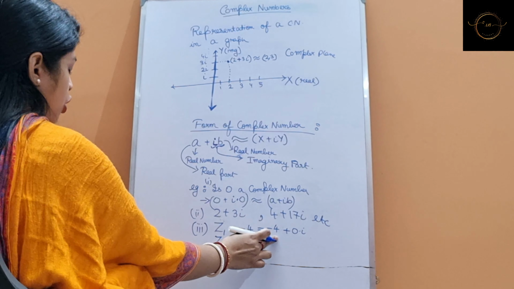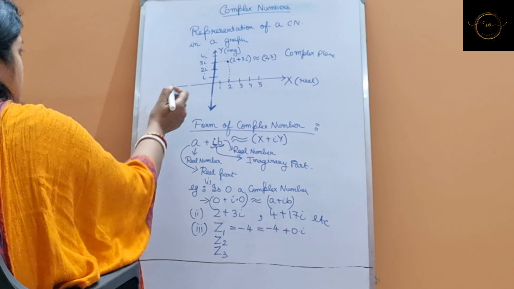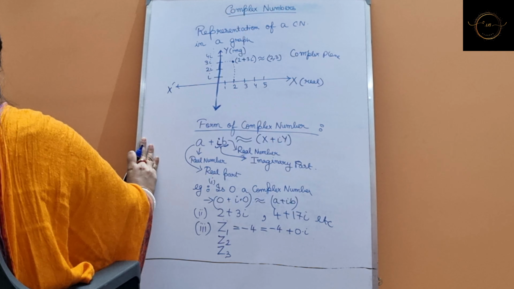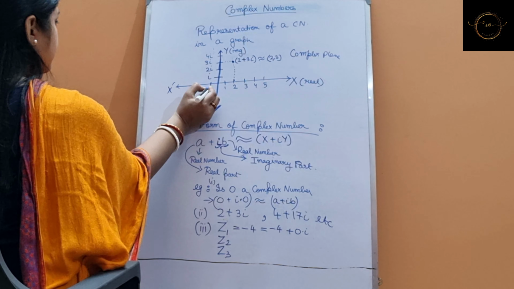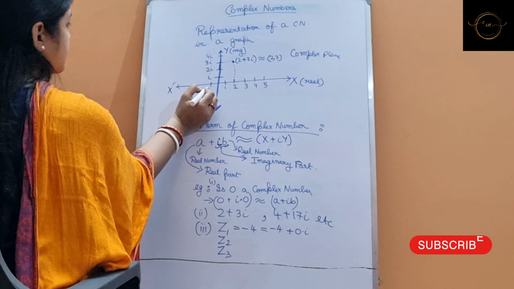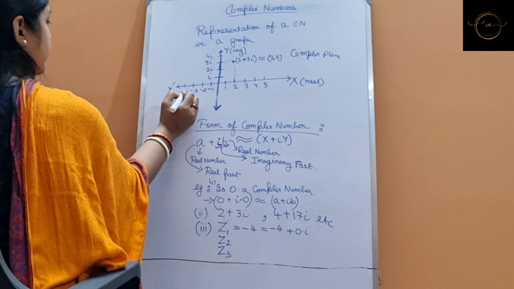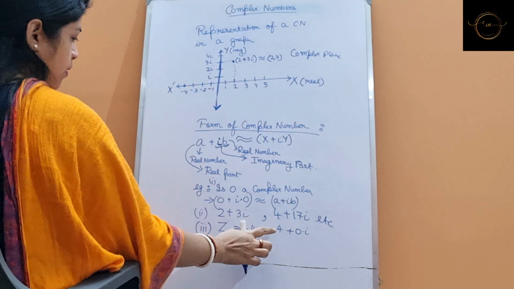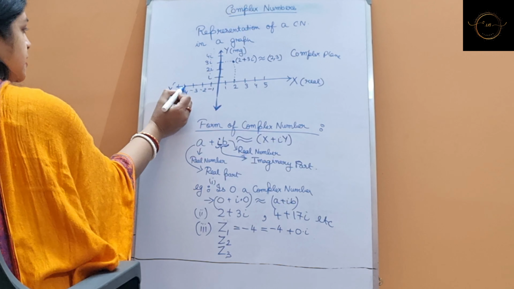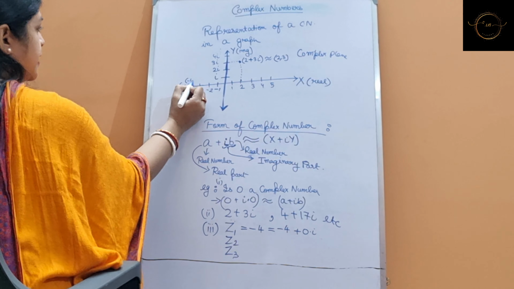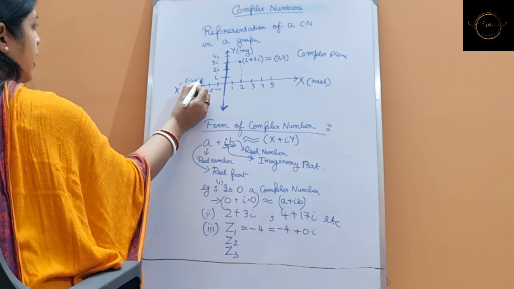If you try to plot this on this axis, what will be the case? This part will be x dashed. So over here, if I'm taking this as -4, it means the negative direction: -1, -2, -3, -4. This point, (-4, 0). So here it will be written as -4 + 0i.